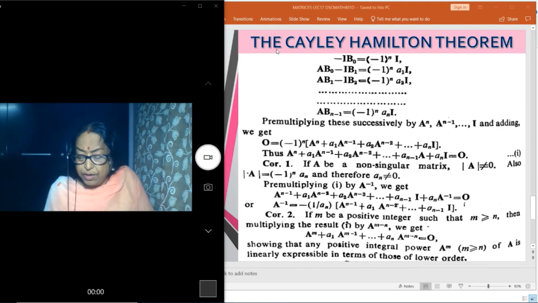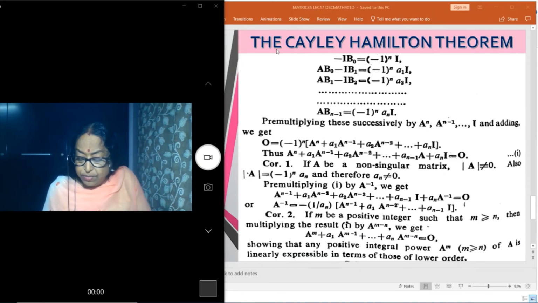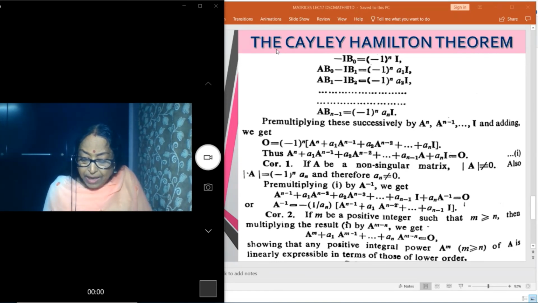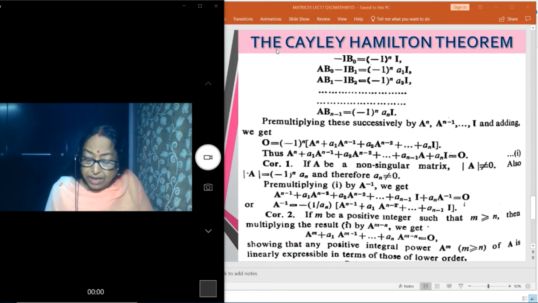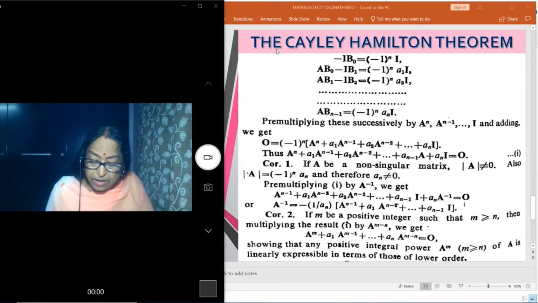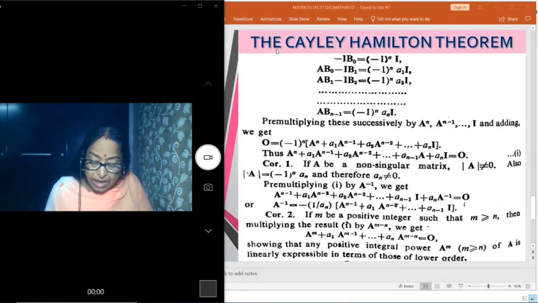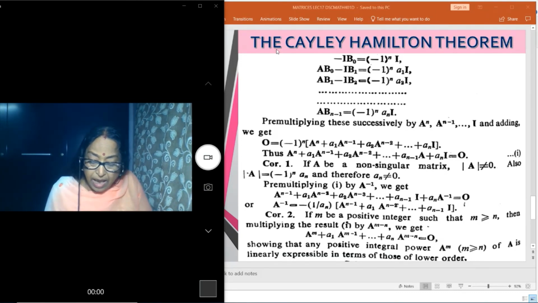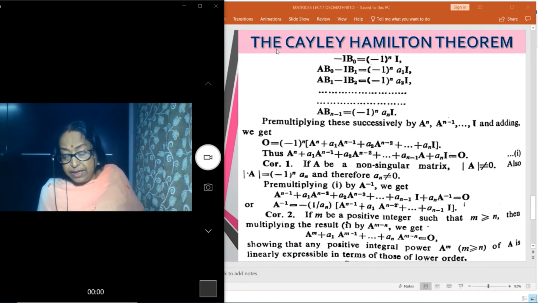Similarly, comparing the coefficient of lambda^(n-2), we can write the values you can see on screen. Pre-multiplying, we multiply the first equation with A^n, the second equation with A^(n-1), the third equation with A^(n-2), and the last equation with I, and after adding we get the result.